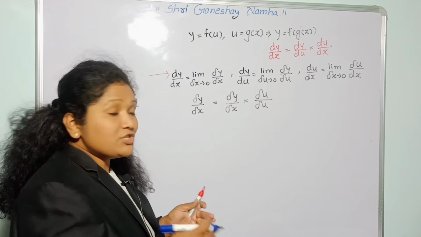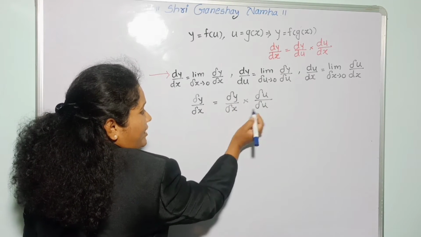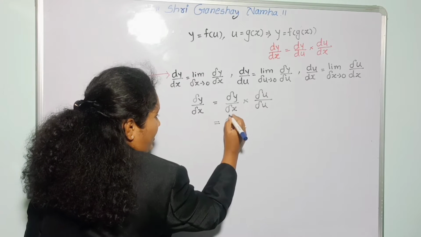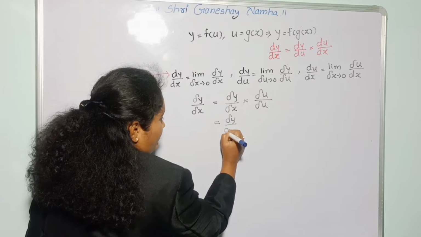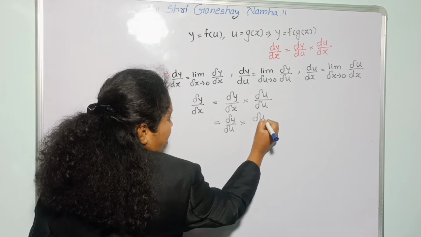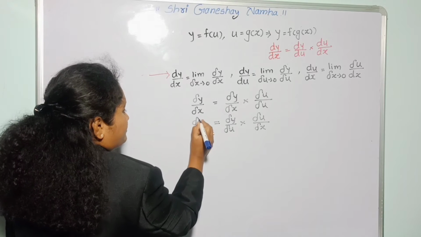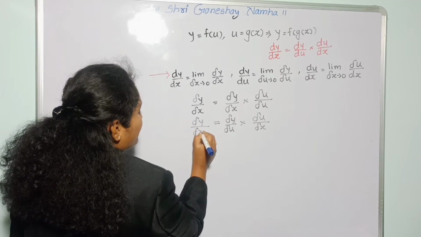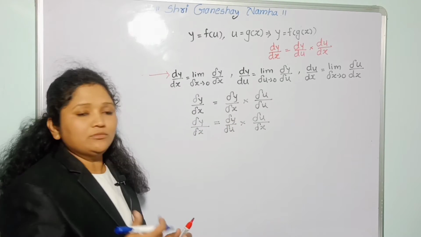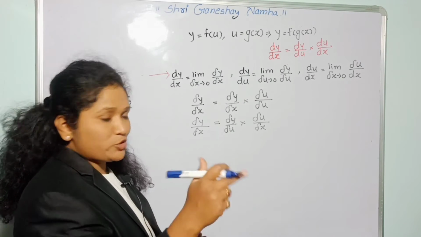Now we will group them crosswise, delta y by delta u as one pair, and in another pair delta u by delta x. So here we get delta y by delta x equals delta y upon delta u into delta u upon delta x. Now apply limits, delta x tends to 0.